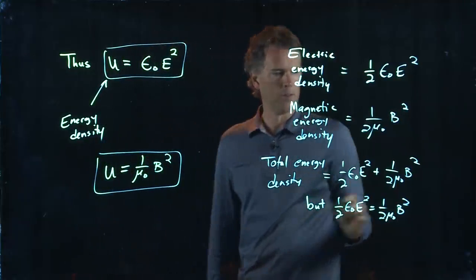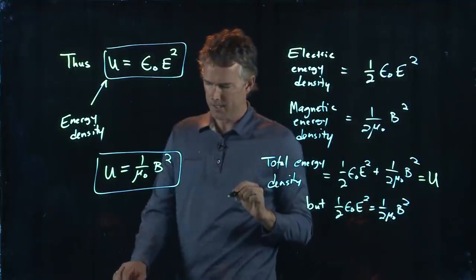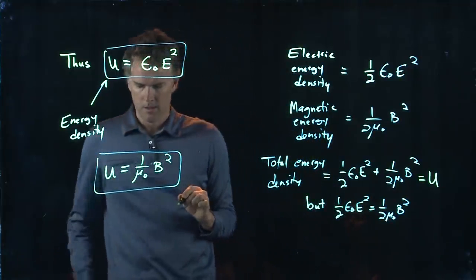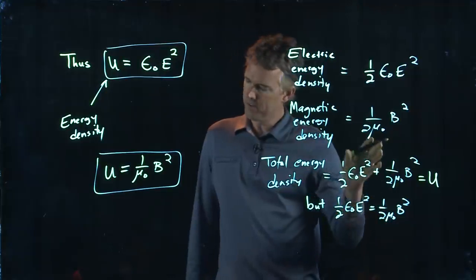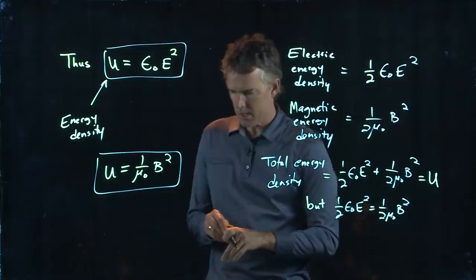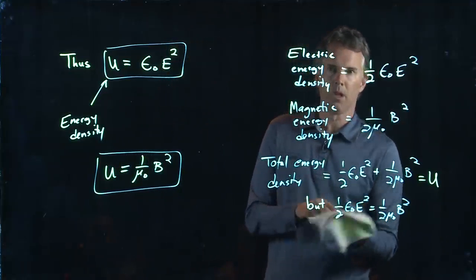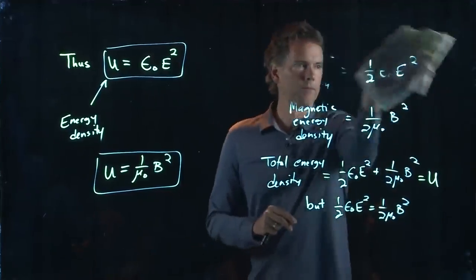This is what we're calling U, the total energy density. So we have equal parts E and B, but let's take a look at this last equation and see if we can determine the relationship between E and B.